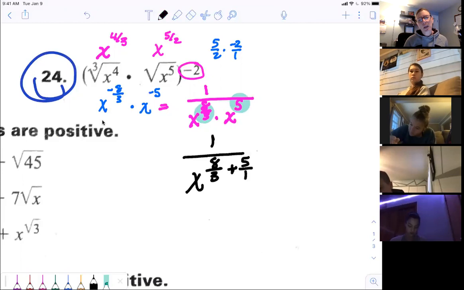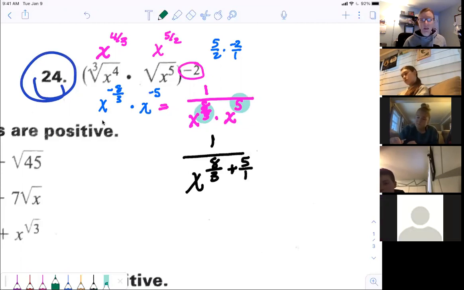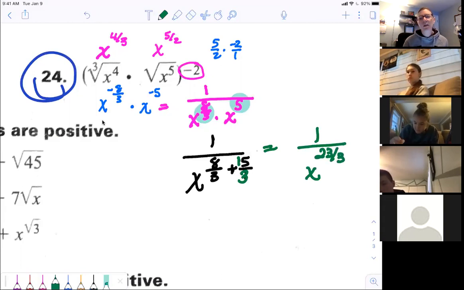Valerio, what would the common denominator be of 8/3 plus 5? It would be 3, so you would make it 15/3. Yeah, so we would have to make that 15/3. And then when you add them together, Valerio, what do you get? 23/3. Excellent, 23/3.